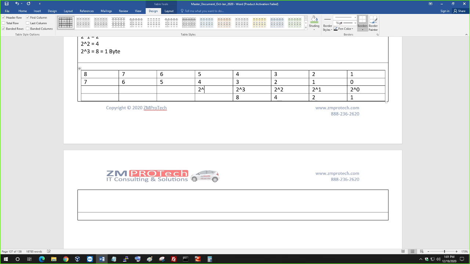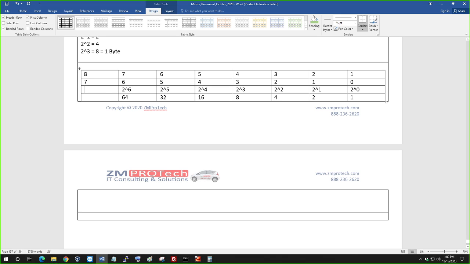Similarly, 2 to the power of 4: it keeps doubling, so the answer will be 16. 2 to the power of 5 is 32. 2 to the power of 6 is 64.